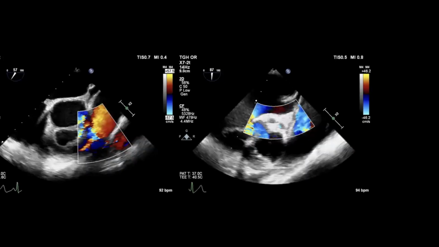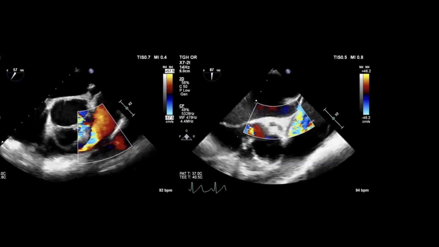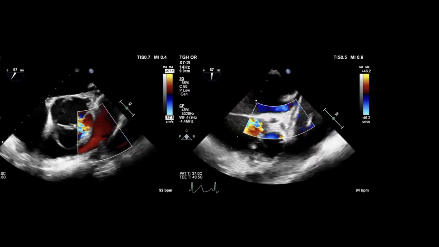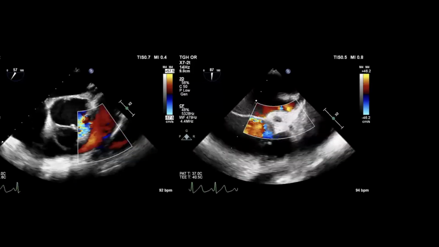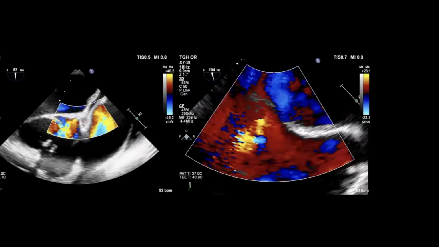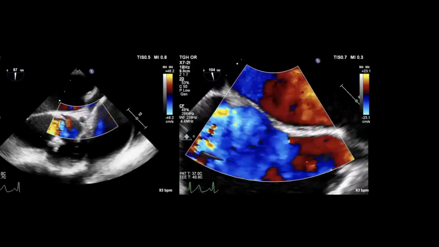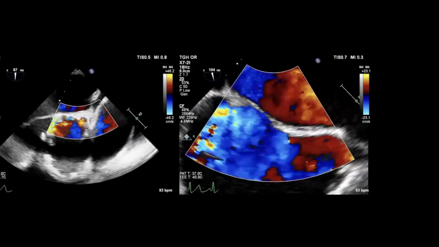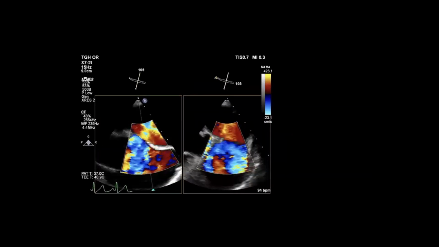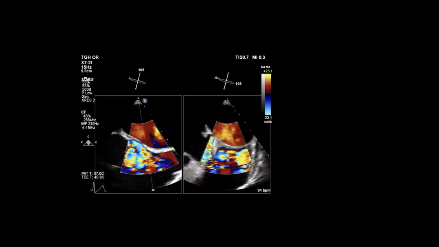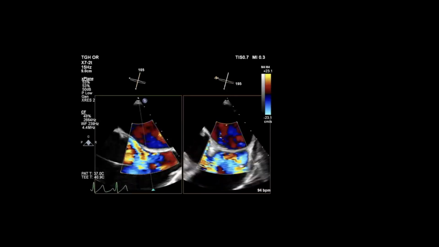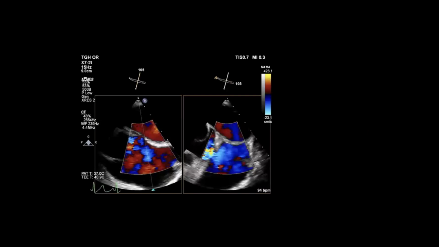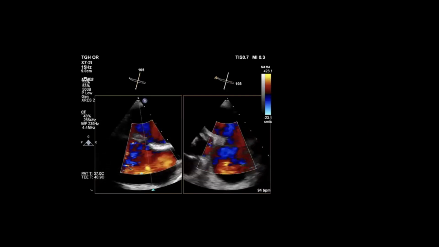So the concern was also the sinotubular junction and the sinus of Valsalva. I don't have all the images, but basically there's an abscess with contained rupture of the sinus of Valsalva, so the aortic root.